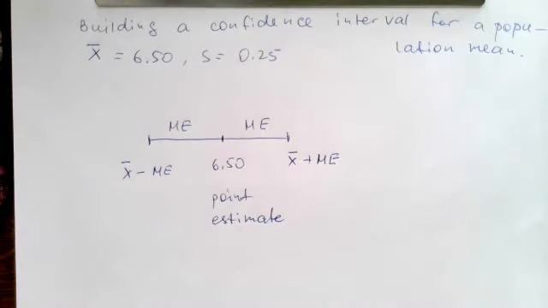Well, there are two factors that play a role. First of all, our sample size. The greater our sample size, the better estimate we will get for our population mean, and the tighter the interval is. However, sometimes getting a large sample could be costly.